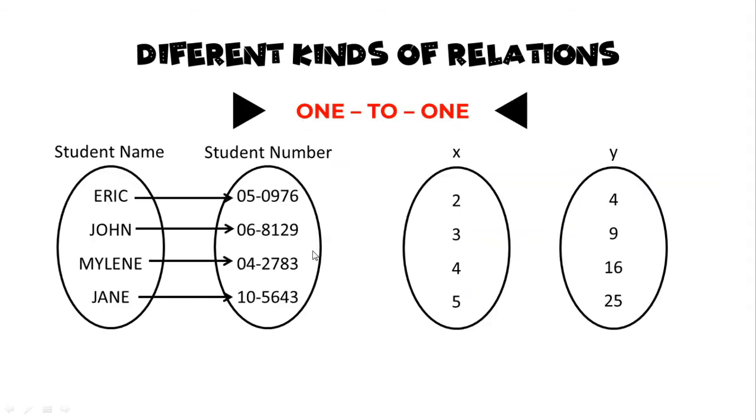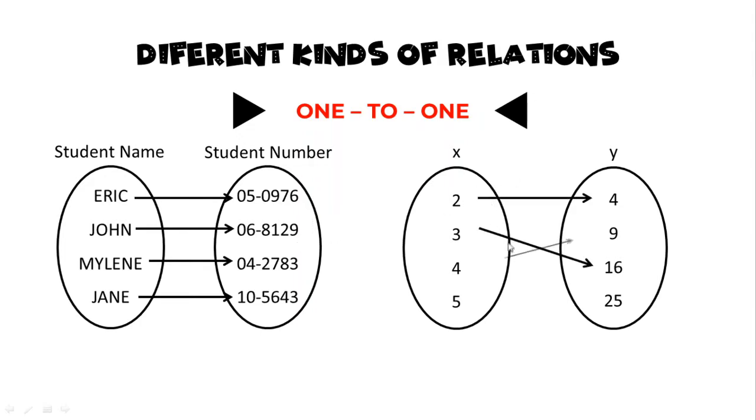Okay. So, using diagram, ito naman ang example. So, ito naman ang example ng one-to-one relation. So, dito sa first example, we have the student name and their student numbers. So, si Eric, si John, si Maylin, at si Jane ay may magkakaibang student number.